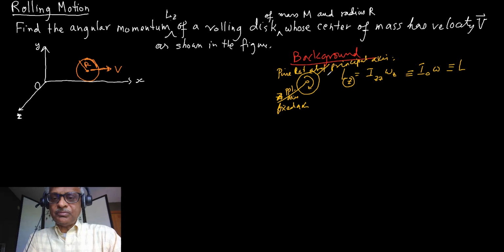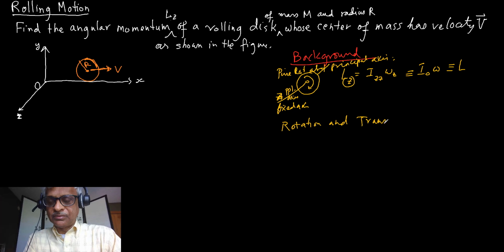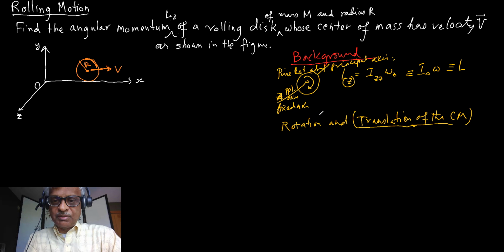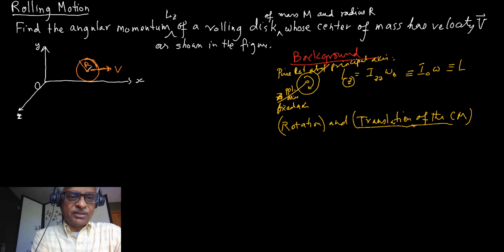Well, if you have rotation and translation, by translation I mean translation of the CM, so you have rotation and translation together. As is the case here, this is the CM.